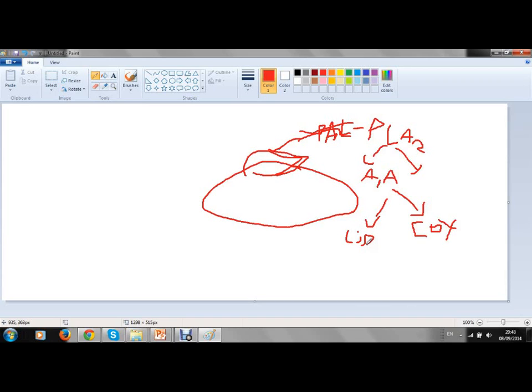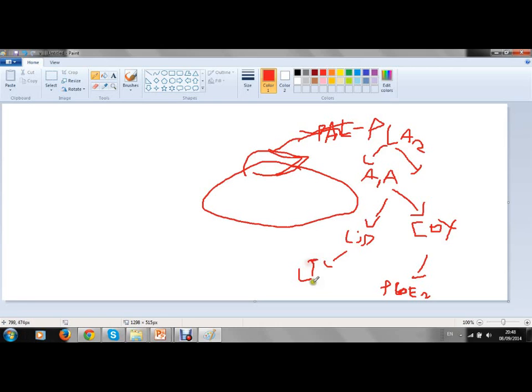Cyclooxygenase is responsible for making prostaglandins, like prostaglandin E2, which is mainly responsible for pain, but also prostaglandin D2 and F2. And the lipoxygenase pathway is mainly responsible for making leukotrienes, for example leukotriene B4, C4, D4.